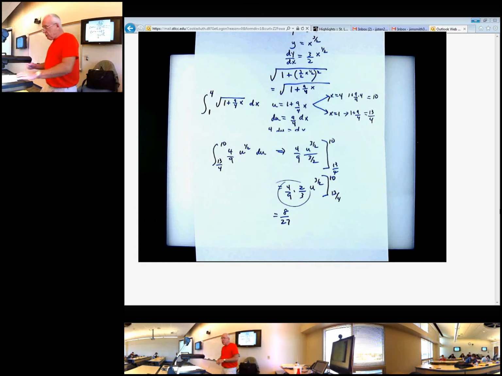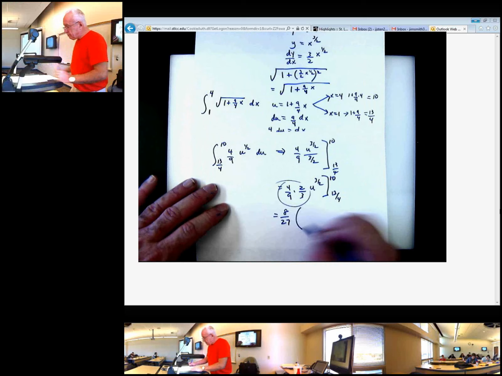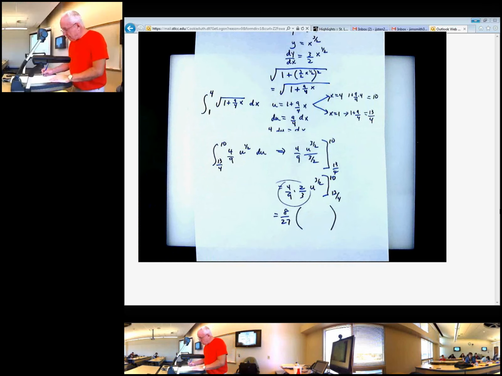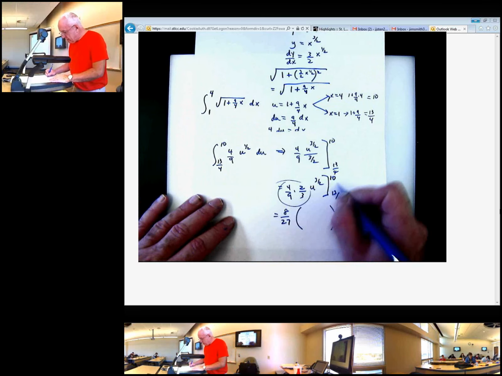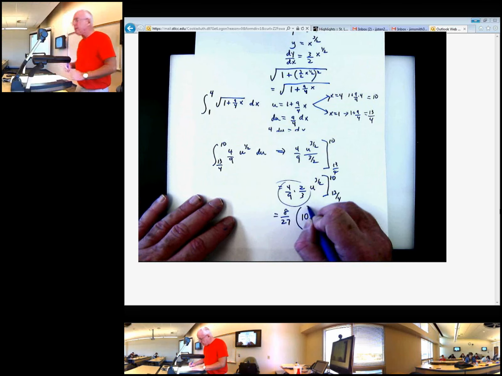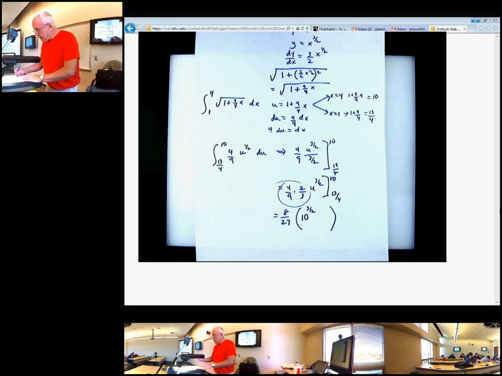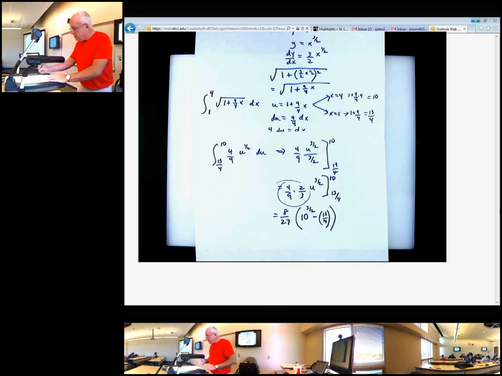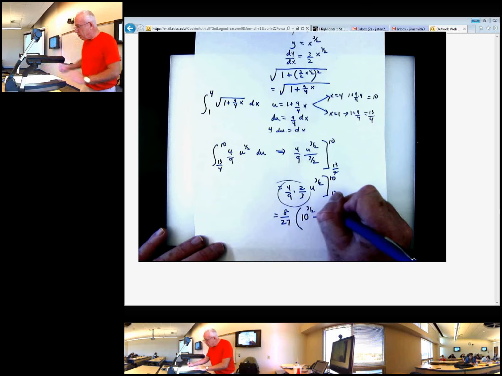So we have 8/27, and now let's plug in my u values here. The top value is 10, and that's to the 3/2 power, minus my bottom value, 13/4, and that's also to the 3/2 power.